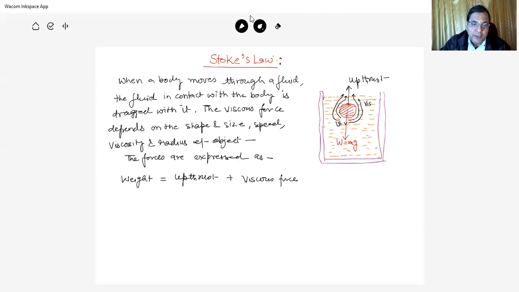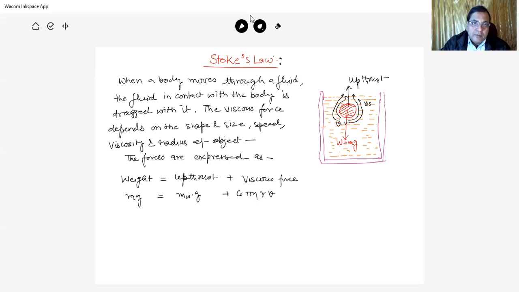So the weight of the body is mg, and upthrust is the weight of the liquid displaced, m of water into g, plus viscous force, which is 6 pi eta r v. This is the viscous force.